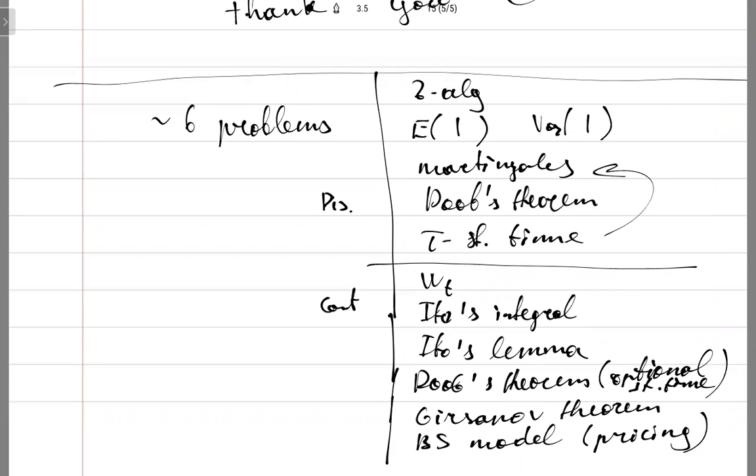If you are shy, I'm silent. It's not like I have prepared 5 problems for you. If there are no questions from your side, then I do nothing. Okay, so that's all.